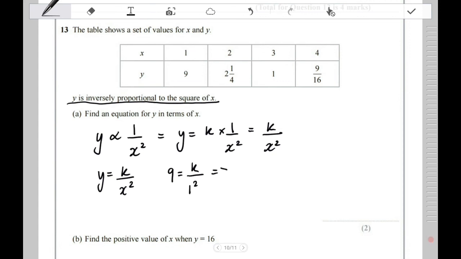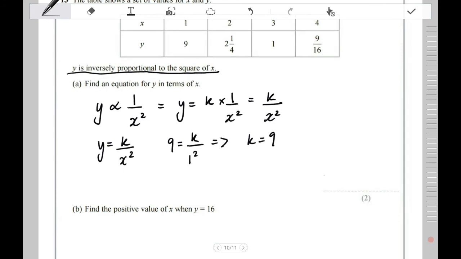Hence, k equals 9. Because 9 times 1 squared, well, 1 squared is 1, multiplied by 9 is 9. So k equals 9. So we can actually write the formula here. Y equals 9 over x squared.